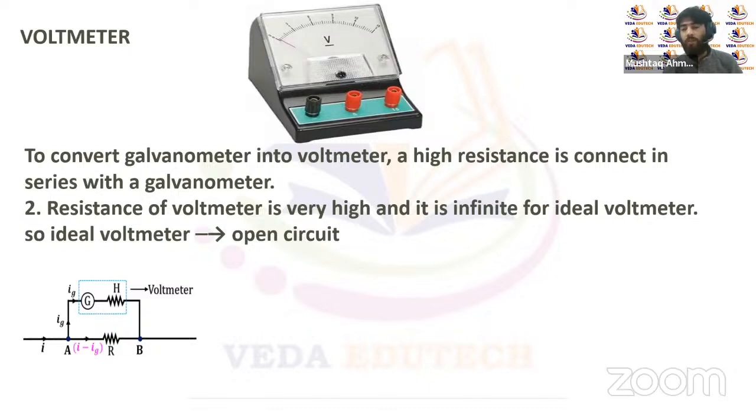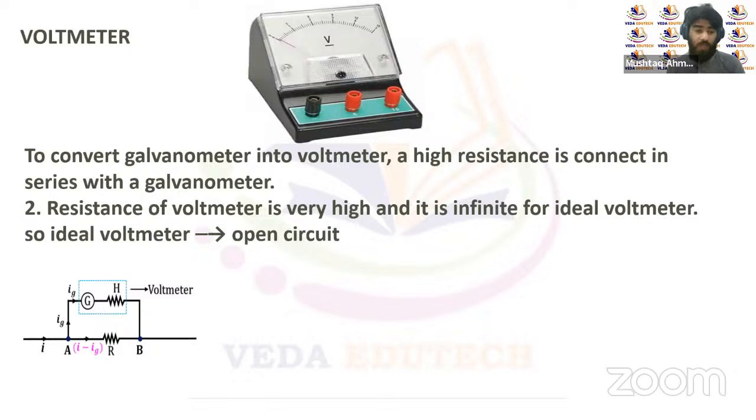Because there will be no current flowing through it, which means the circuit is open. But it will still measure the potential drop. So ideally it will be an open circuit, but that's not possible. We still have to make a voltmeter of high resistance to increase the accuracy.